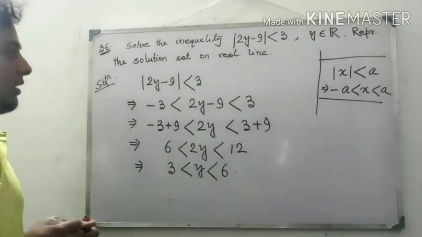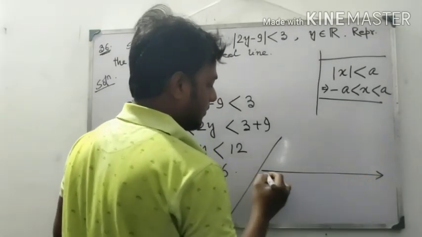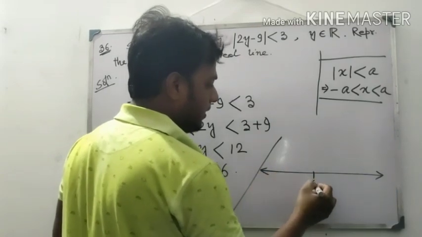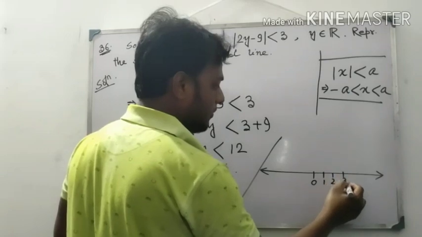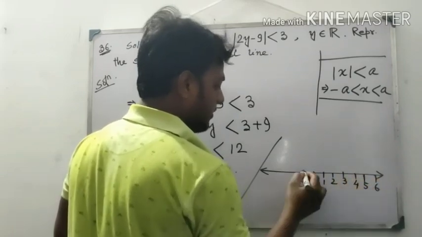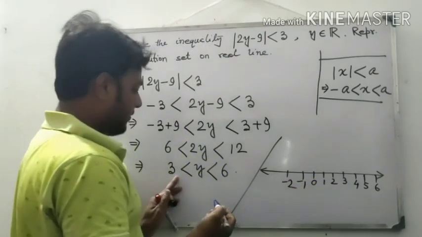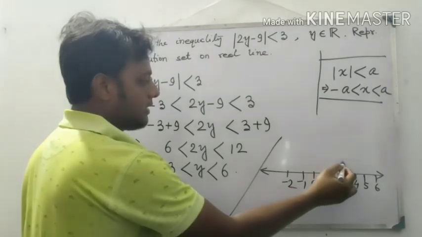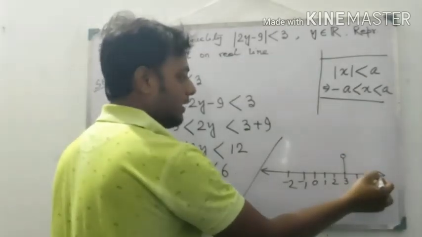Now we have to plot it on the real line. So how to plot? Just make a real line and this is the scale: 1, 2, 3, 4, 5, 6, -1, -2. Just highlight the number 3 and highlight the number 6.